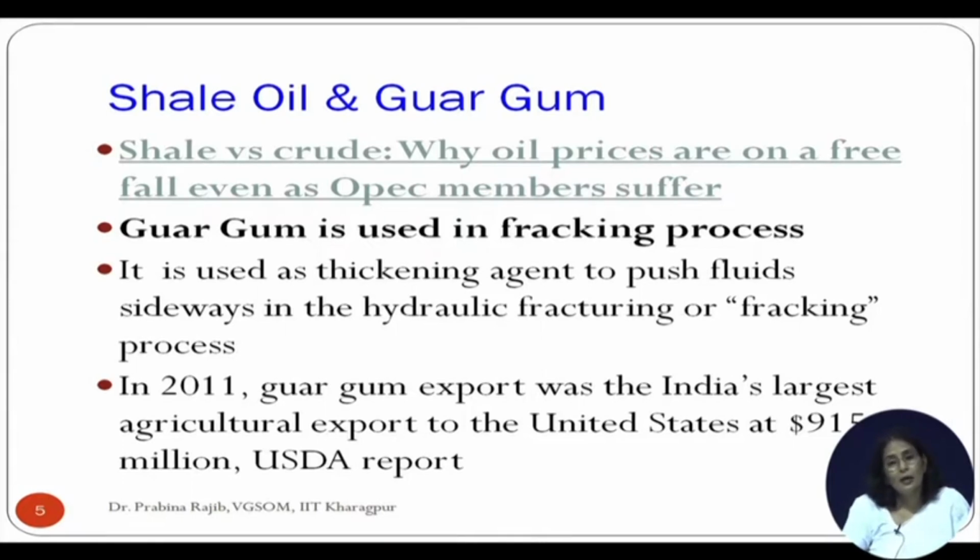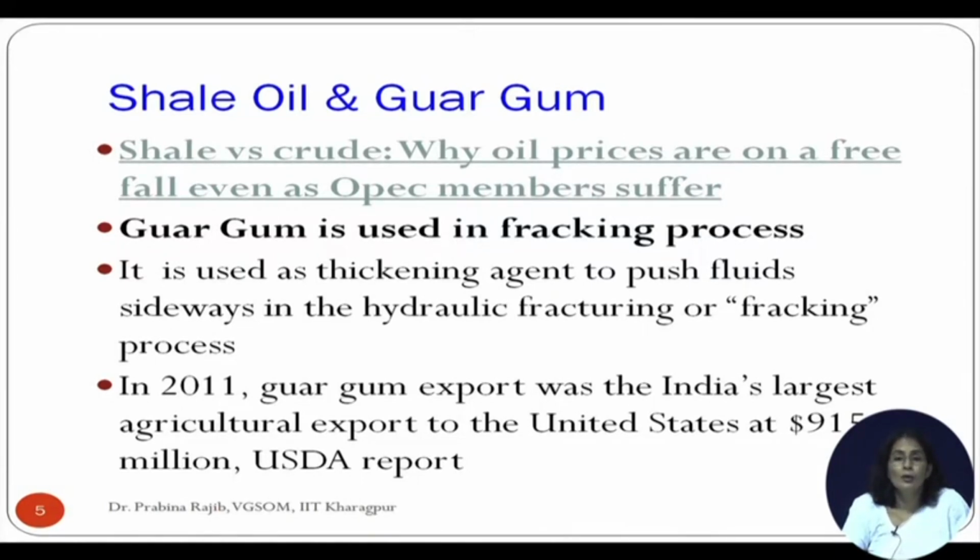In this shale oil boom, there has been a significant benefit to the Indian economy. Of course, the Indian economy has benefited significantly in terms of buying crude oil at a cheap rate.